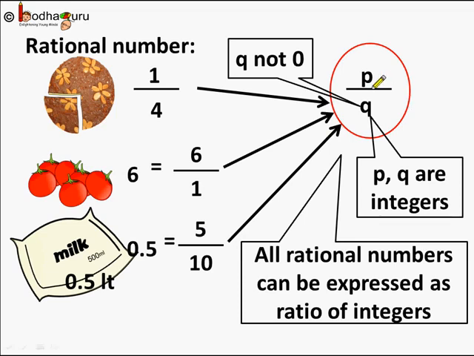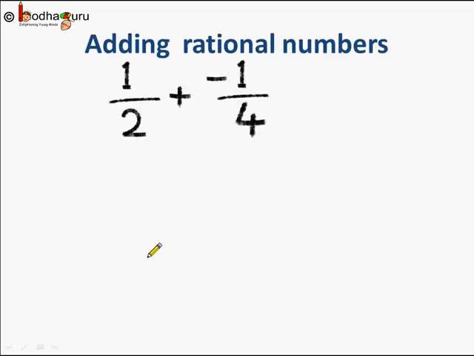So all these have been expressed in the format P by Q, with Q not equal to 0, and P and Q are integers. Hence all of these are rational numbers.